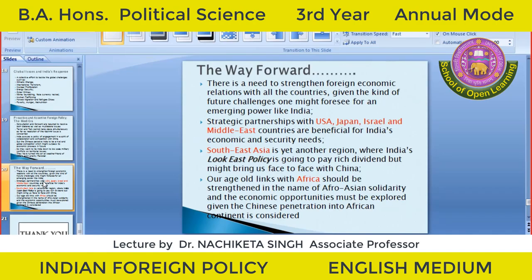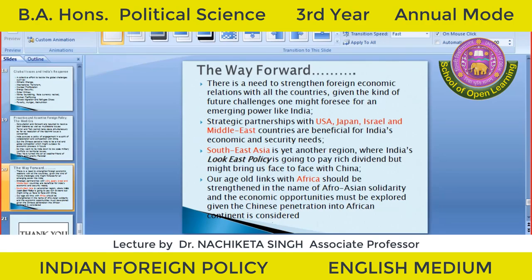Obviously, the geographical space or location where we are placed plays an important role, in the sense that the climate, the topography, the oceans, and the mountains, all of them have their roles in the making of foreign policy, directly or indirectly.